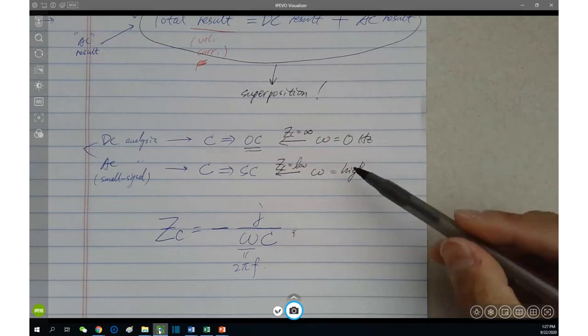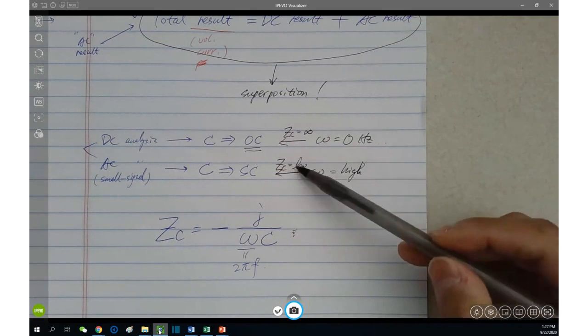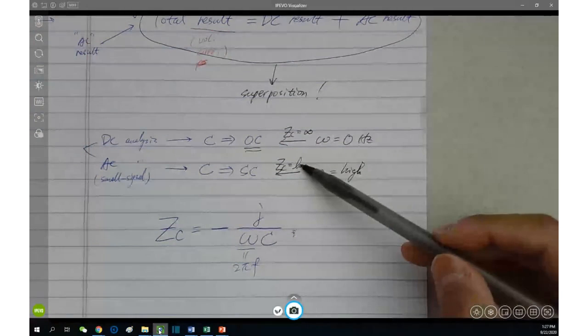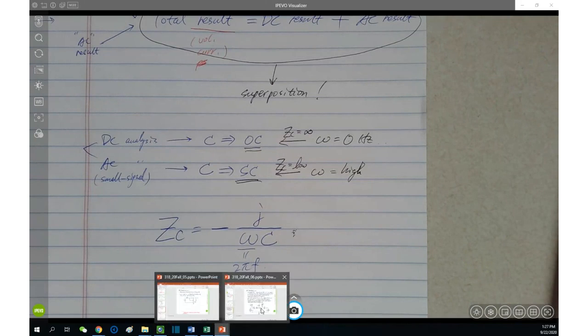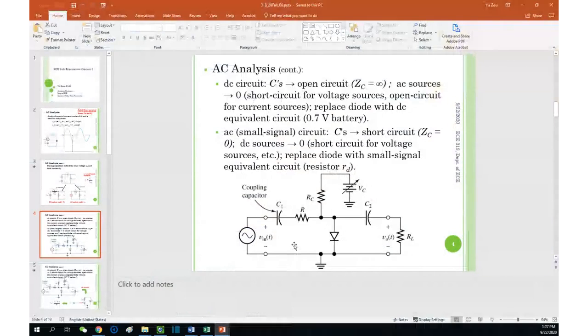So if your frequency is high enough, then we just consider ZC as 0. 0 impedance means what? Short circuit. This is why we have open circuit and short circuit respectively for the capacitor in DC and AC. So this has a reason.